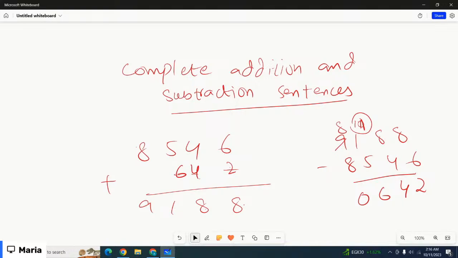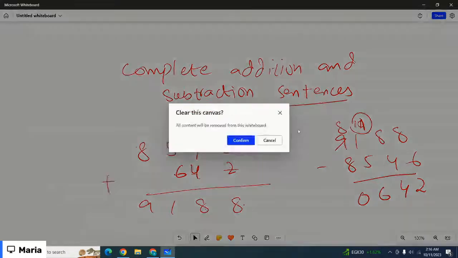Okay, the other example is 47,968 minus the missing number, and the difference is 23,867. So how do you find the missing number?